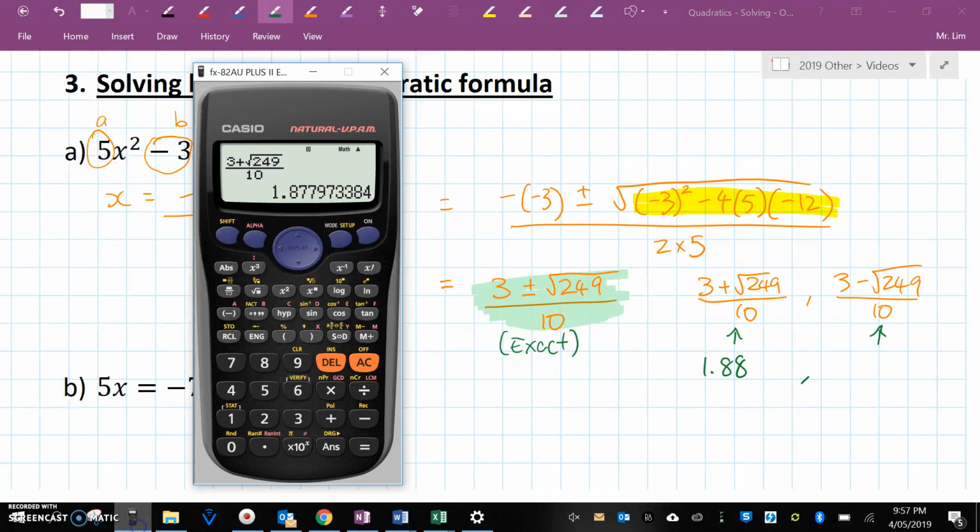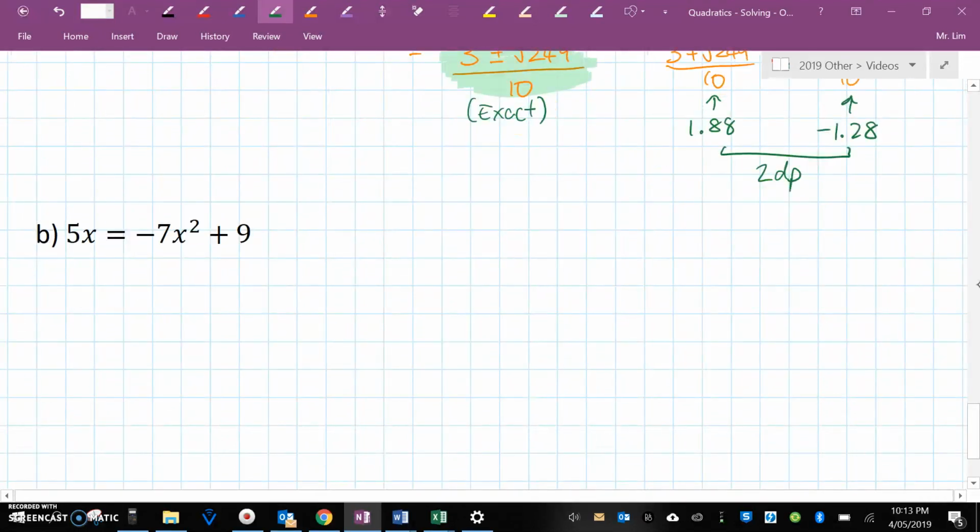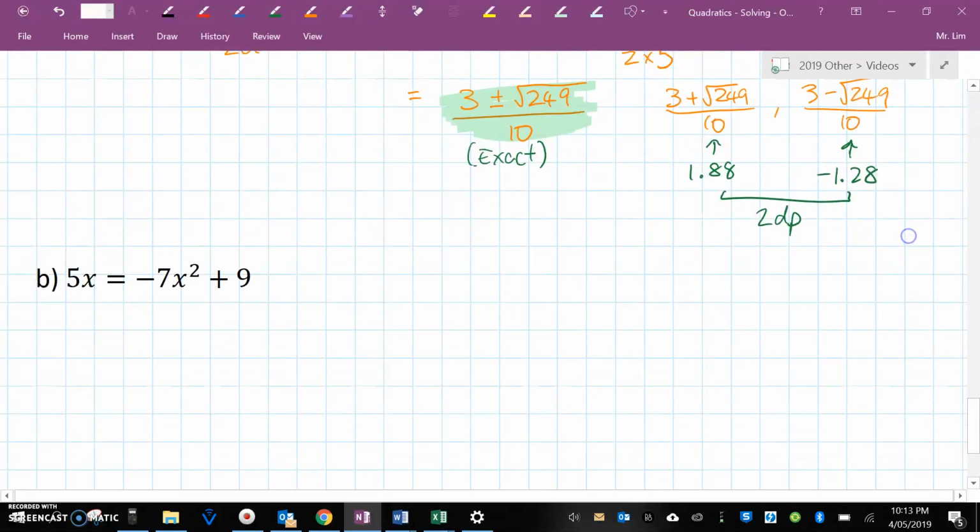And the other one is 3 minus root 249 over 10, which is minus 1.28. Okay, so these are the two answers if the question asks you to answer it to 2 decimal places. Sorry, I accidentally wrote minus 1.29 before, so I had to change that to minus 1.28 in this question above.